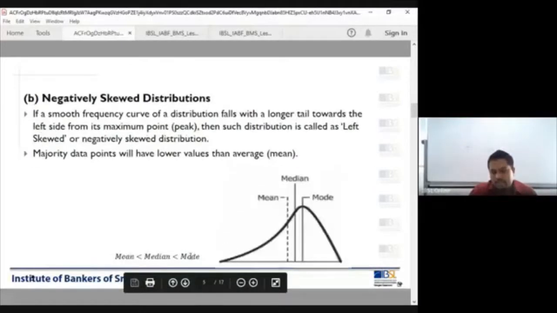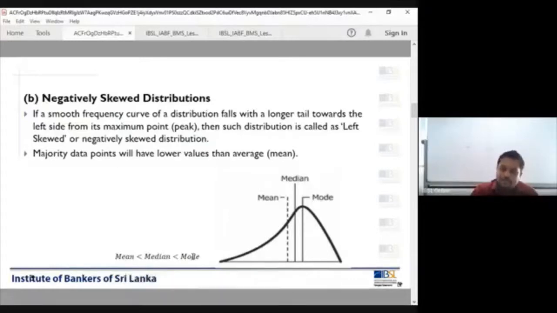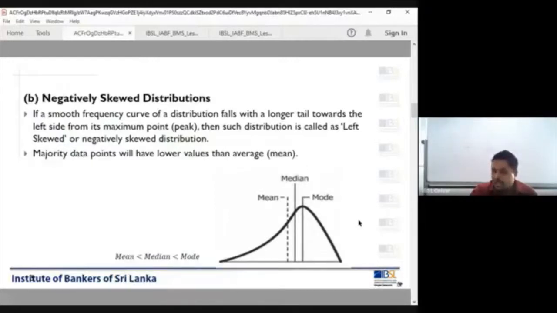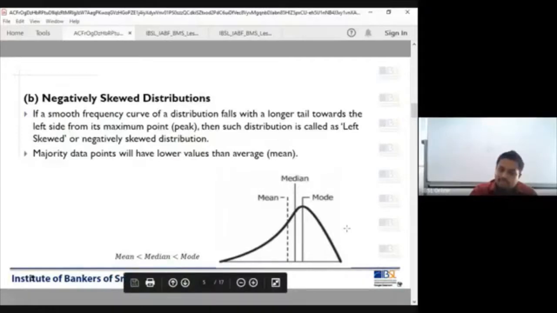The only difference between this and that will be that the median will be here, and mode and mean will move to the cross point from one another. It's important to grasp what these positively and negatively skewed distributions are and how to quickly identify where the mode, median, mean values will be in a given circumstance.